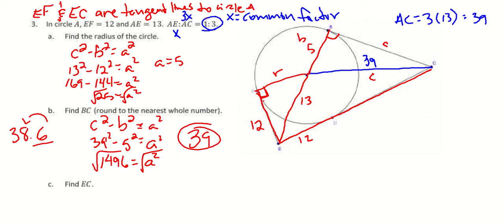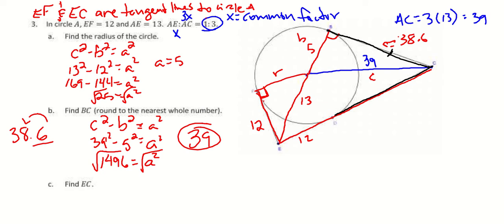Because if we're rounding it to 39 and the one side is 39, then it should be an isosceles right triangle, and how can that be the same size? But remember, this is 39. This technically is less than 39. It's 38.6, but we're rounding it to 39, okay? And then we want to find the length of EC. So we know, once again, okay, that these two lines are tangent, okay, to the circle.